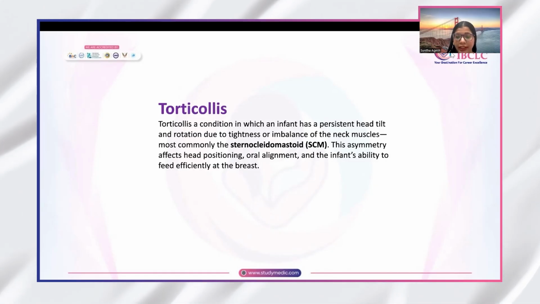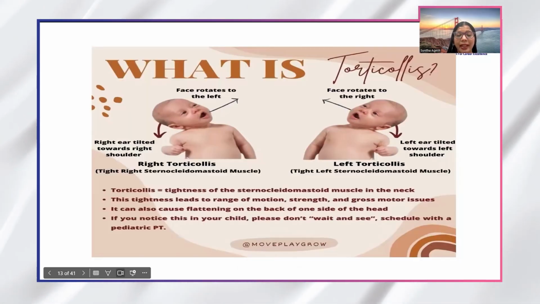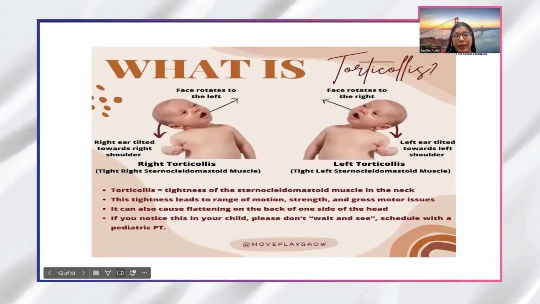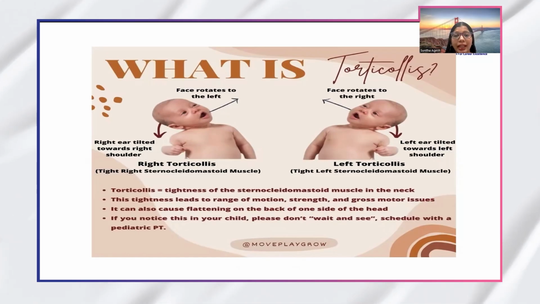It might be congenital, or it can also be acquired, because sometimes when the baby is lying, or when the caregiver is approaching for a long time on the right side, there's a possibility of developing right side torticollis.